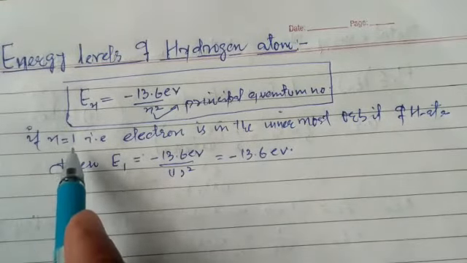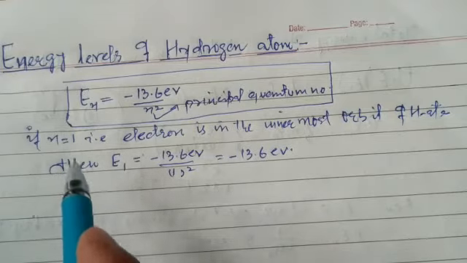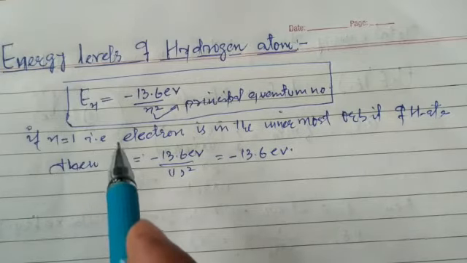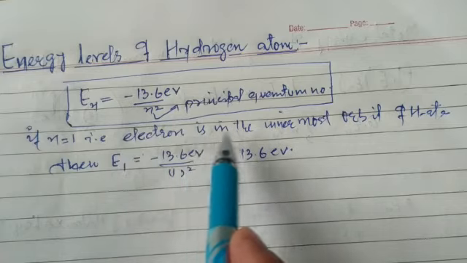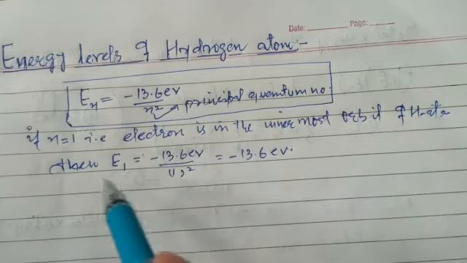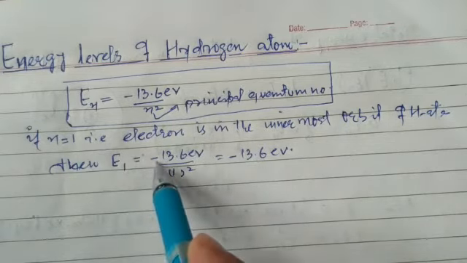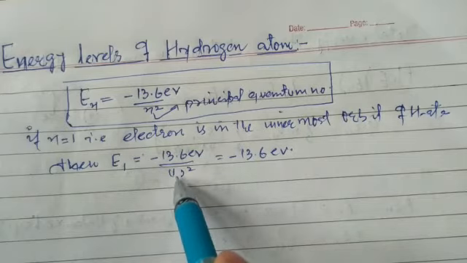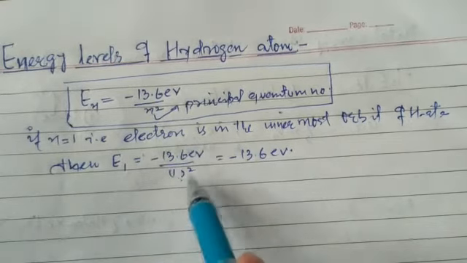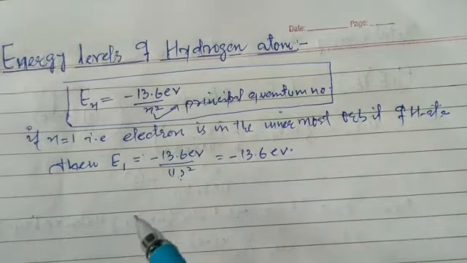Now if n is equal to 1, that is, the electron in the hydrogen atom is in the innermost orbit, then E1 equals minus 13.6 electron volt by 1 square. Instead of n we put 1, it is simply minus 13.6.